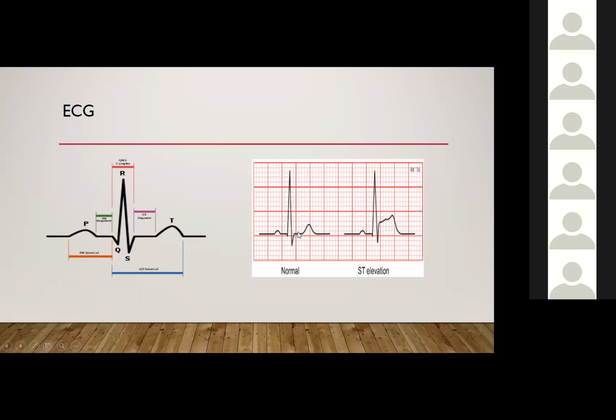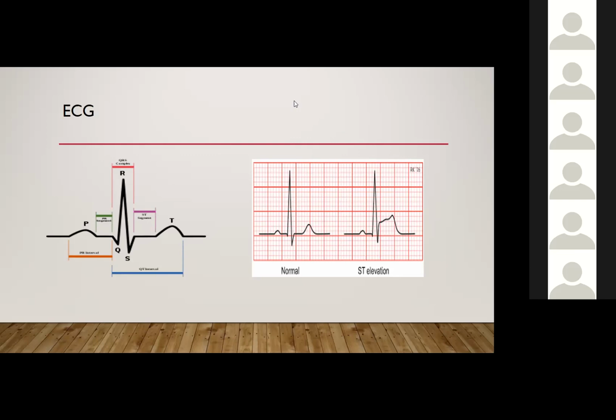If the ST segment deviates from this baseline and goes up, then we say the ST segment has become what? Elevated. And that means that you have what? An ST segment elevated myocardial infarction. Okay, that's what it means.